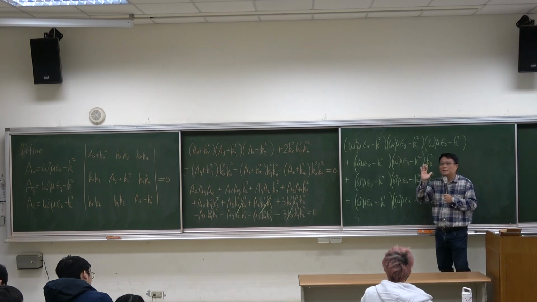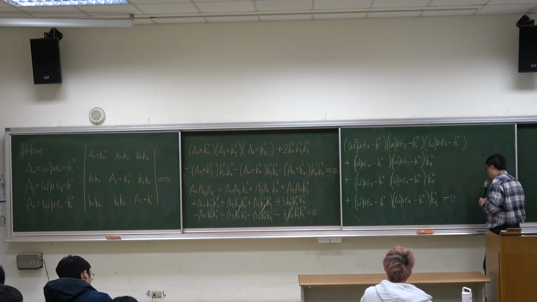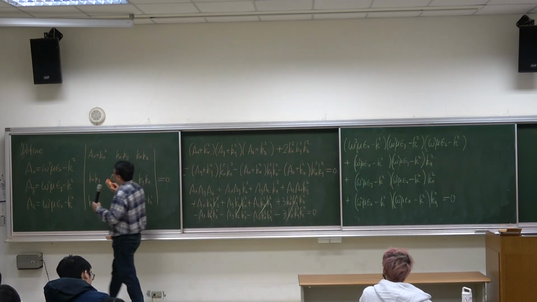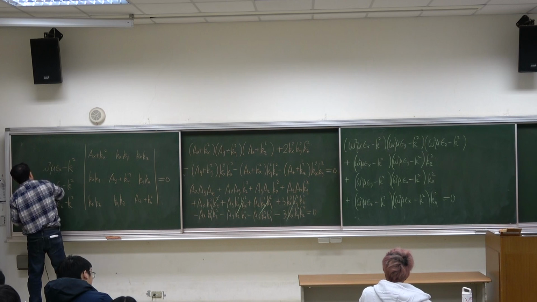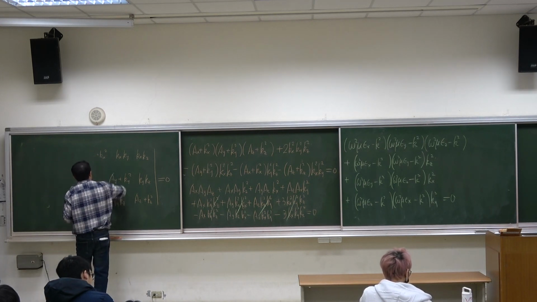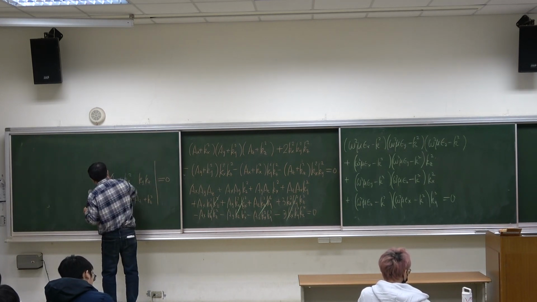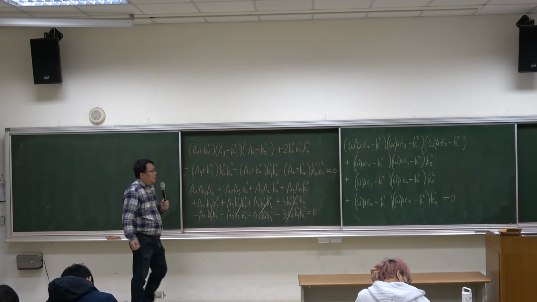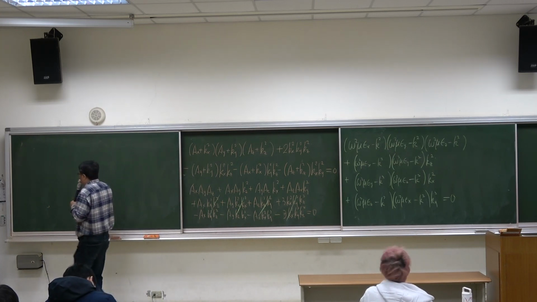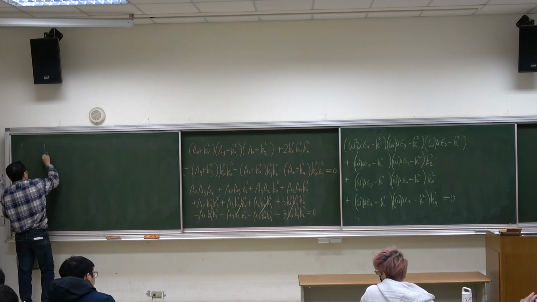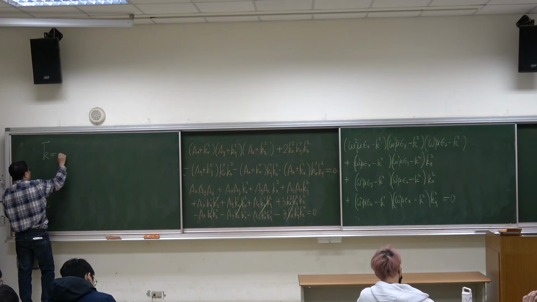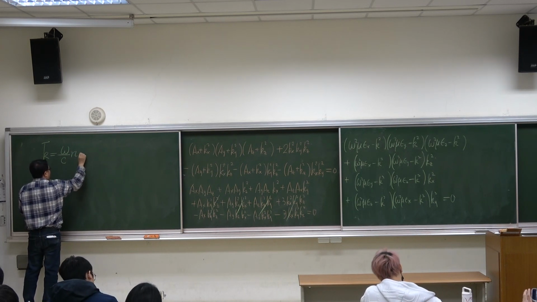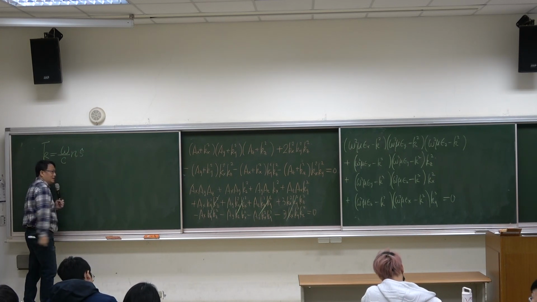Now we assume that the k vector is omega over c times n times s.